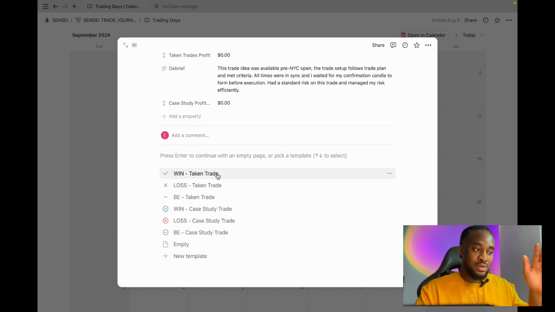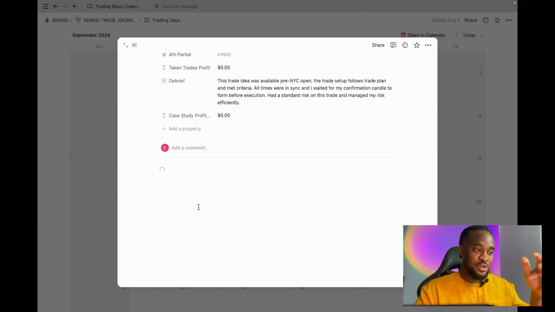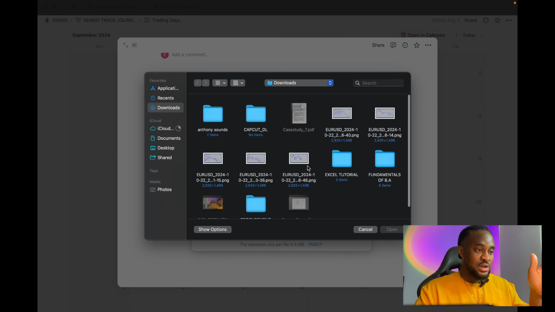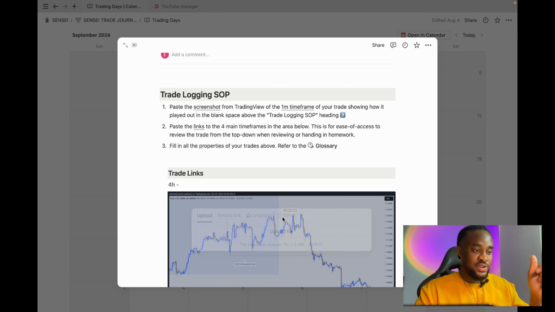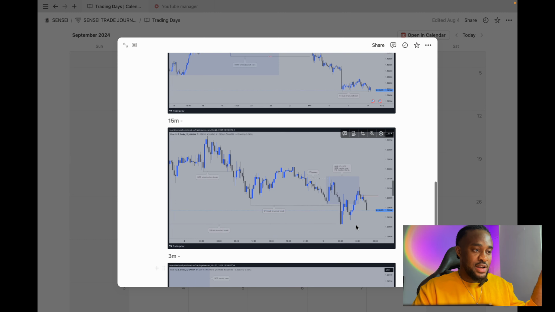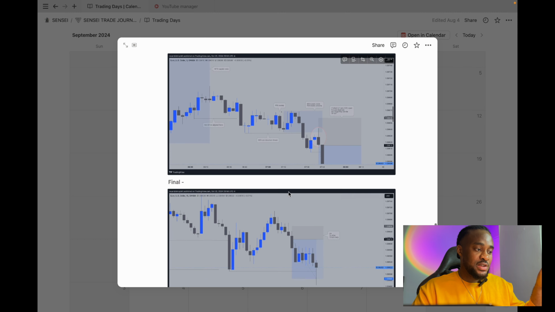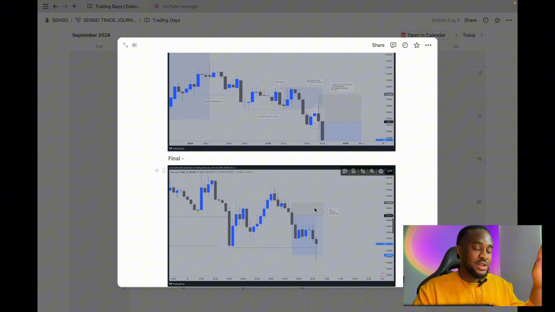Here we say win. We click win and it automatically brings us to these 4 links where we can now put our screenshots. I will go here, and the first one is usually the H4, so I pick this. Boom. So now we have the H4 screenshot, the M15 screenshot, the 3-minute screenshot, and now the final screenshot that tells us everything.